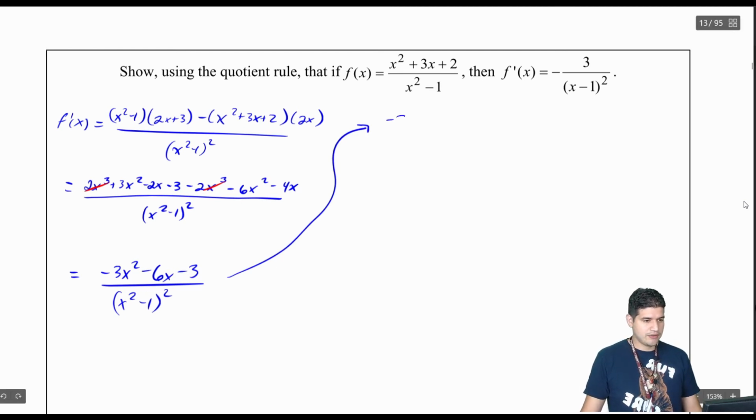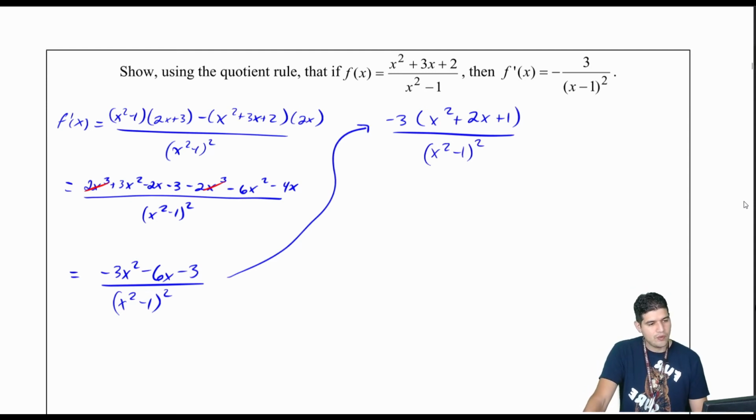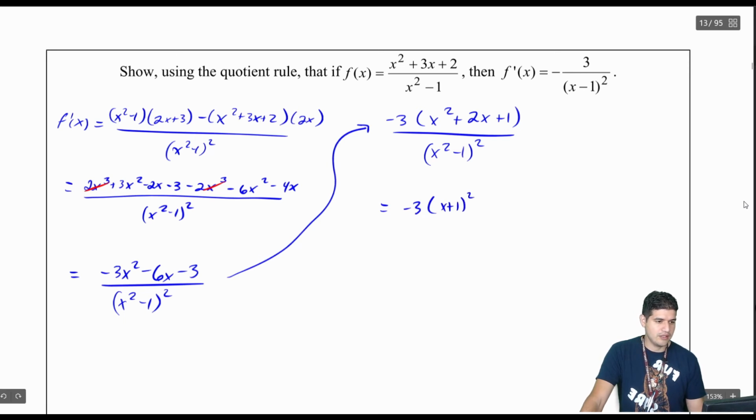So negative 3 in my numerator, and then I'm going to have x squared plus 2x plus 1, all divided by x squared minus 1 squared. Okay. And then in my numerator, I can factor that. So that's going to be negative 3, and I'm going to have x plus 1 squared.